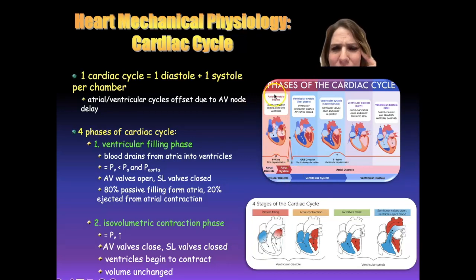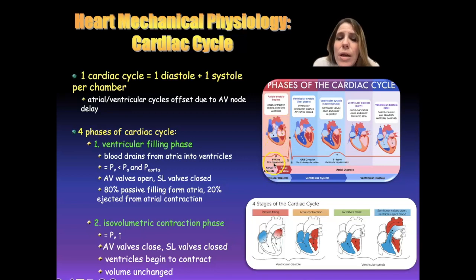So let's start off just looking here. The atrial systole begins. Atrial contraction forces blood into the ventricles. So this is what we were talking about regarding the ventricular filling phase, right? So the atria are contracting, so they're in systole, and these AV valves are open and the blood's starting to fill into the ventricle.